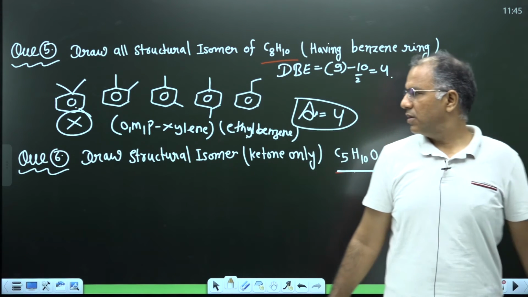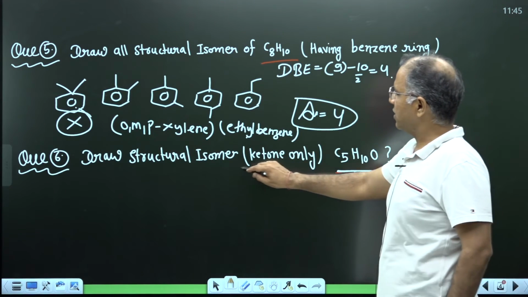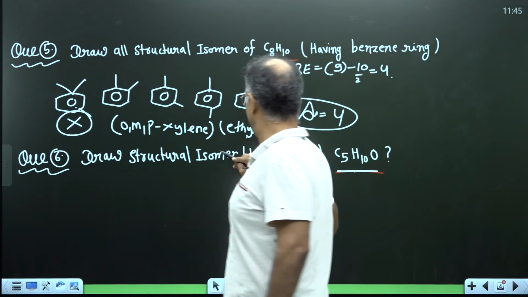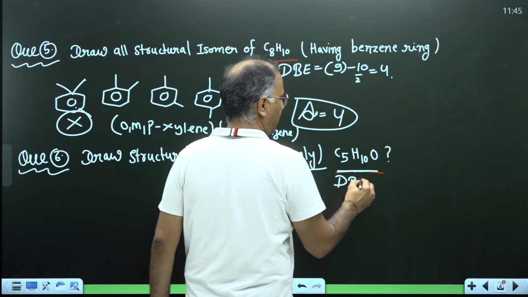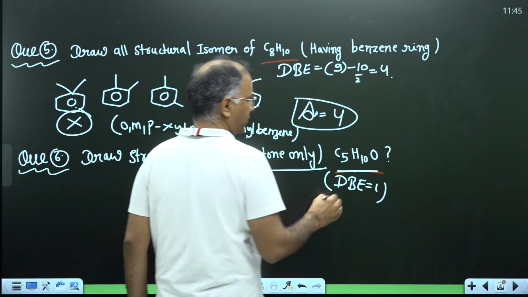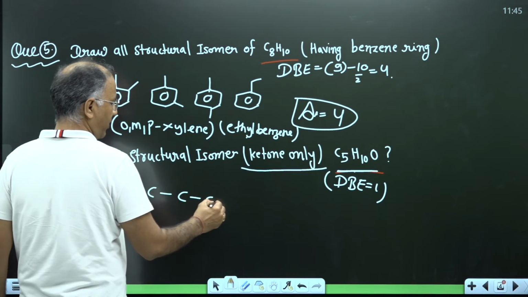Okay. Now draw all structural isomers of ketone. It is already mentioned in the question. We have to draw structures along with a ketone, and dB is 1. How many carbons do we have? We have 5 carbons. First of all, we draw a straight carbon chain, just like normal pentane.